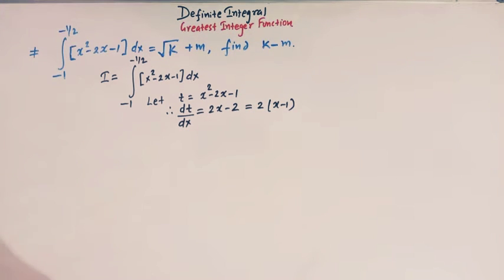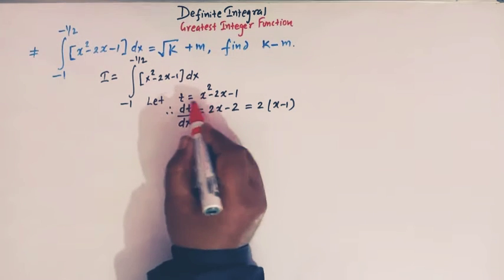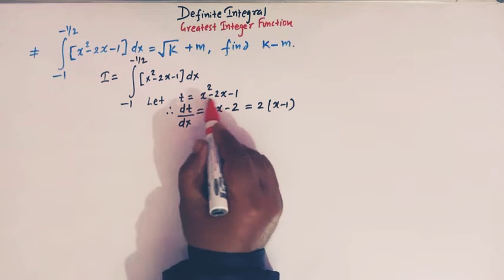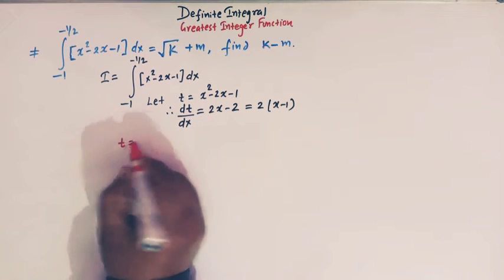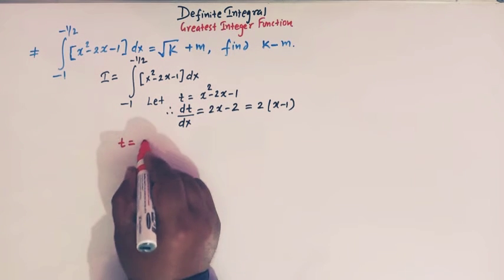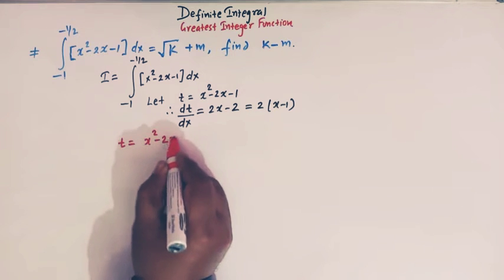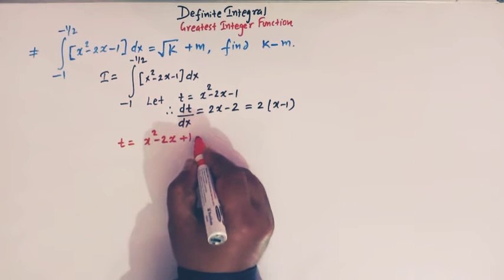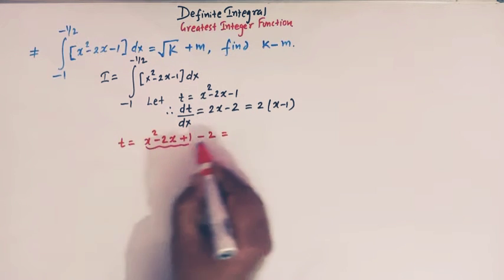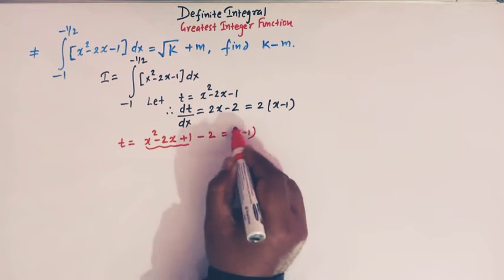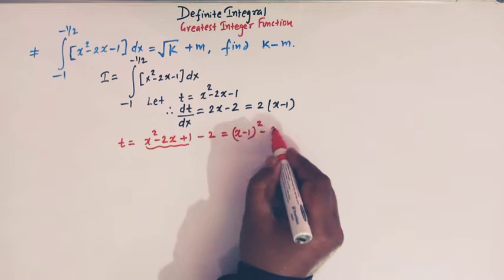Now we'll try to make a perfect square in x. So we can write t as x square minus 2x plus 1 minus 2. Now this term is a perfect square, so this is x minus 1 square minus 2.